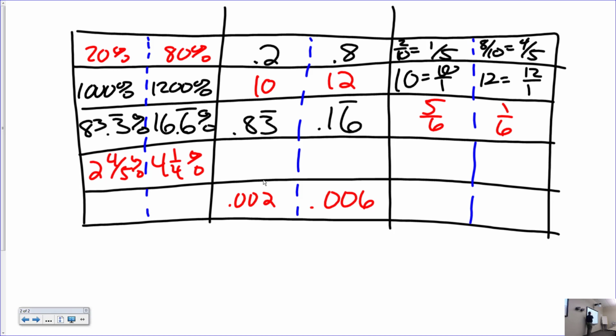This is 2.8%, which is 0.028. 4 1/4, this is 4.25, 0.0425. So I had a lot of people who just converted the fractions into a decimal and then didn't bother to deal with the percent sign.